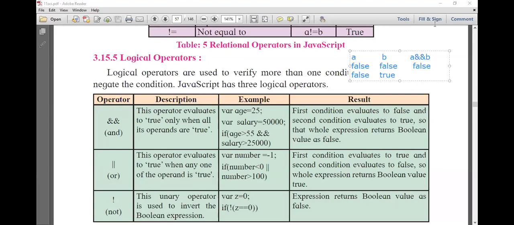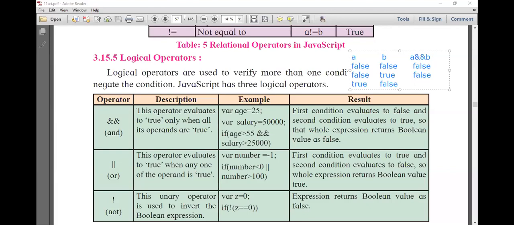JCI is saying false. Yes, all of you saying false, so it is false. Good. Now, if expression A is true and expression B is false, then what will be the value of A ampersand B? Yes, right. It is false.